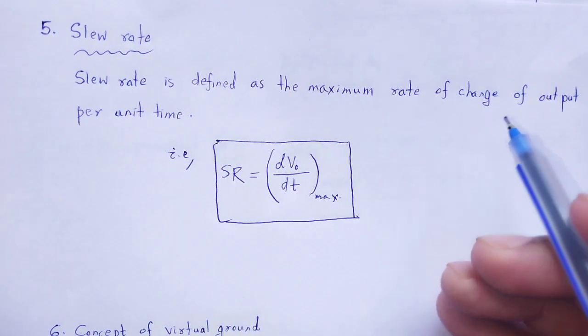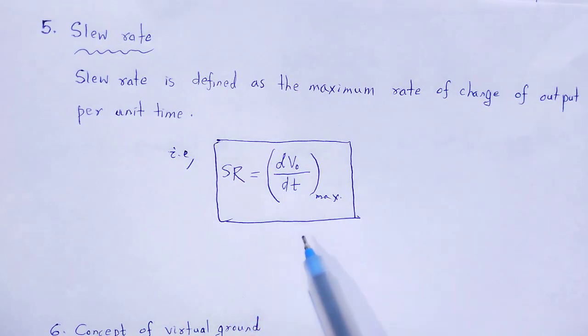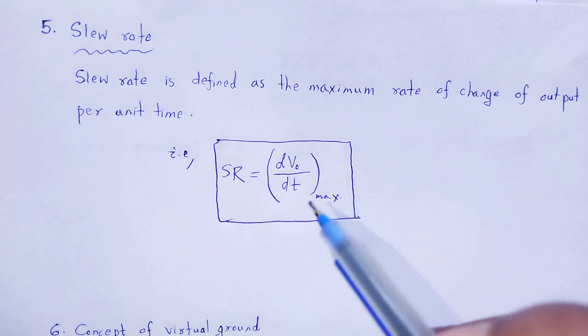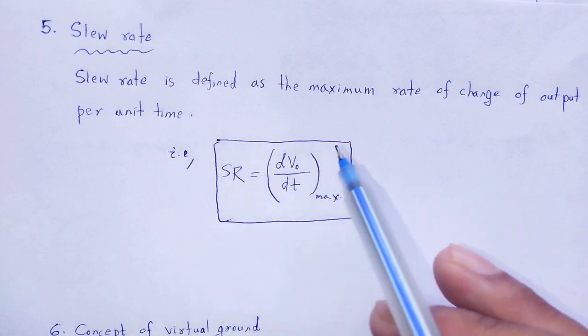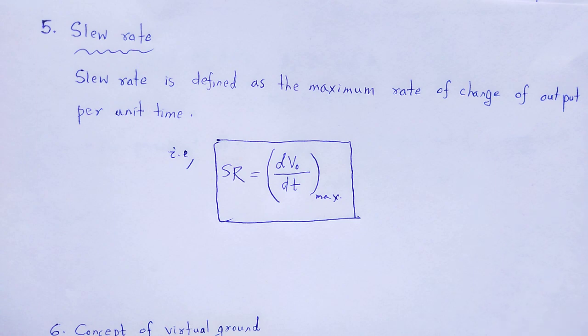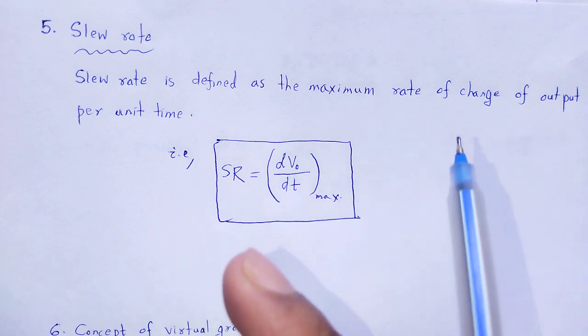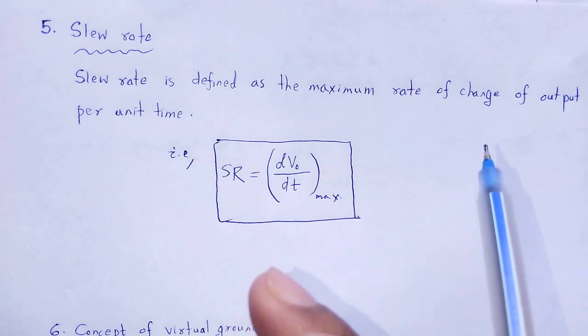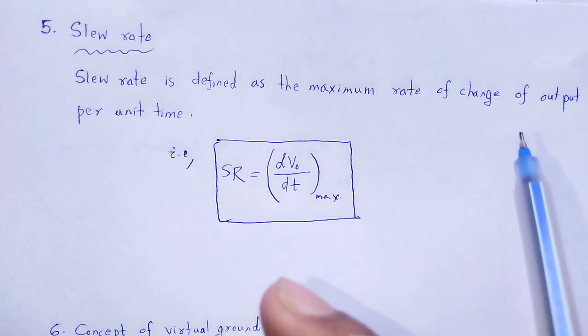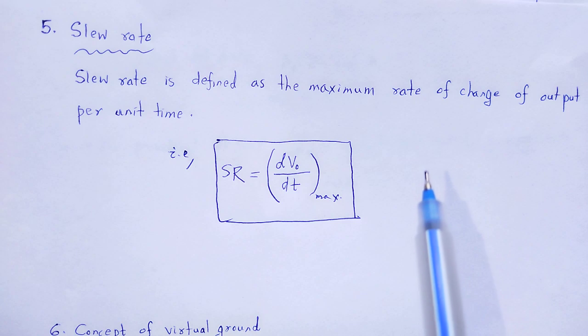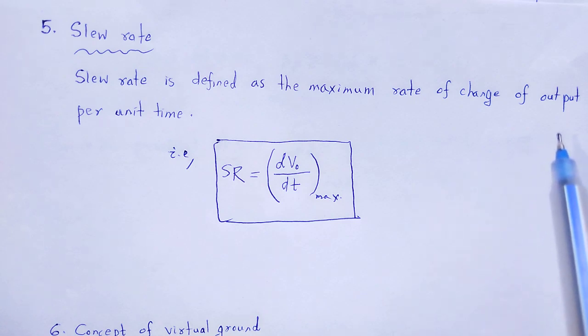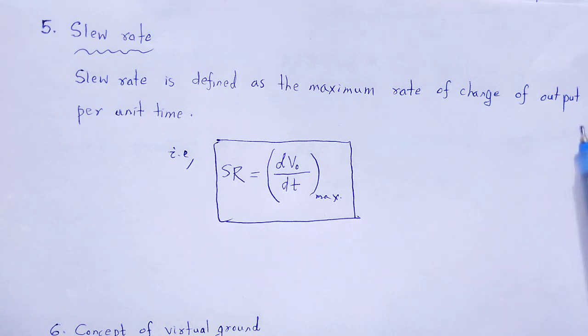The maximum rate of change of output voltage per unit time is the slew rate. From the slew rate, what do we signify? It indicates how rapidly the output voltage of an op-amp can change with the change of input frequency. For high frequency applications, the op-amp must have a higher slew rate.